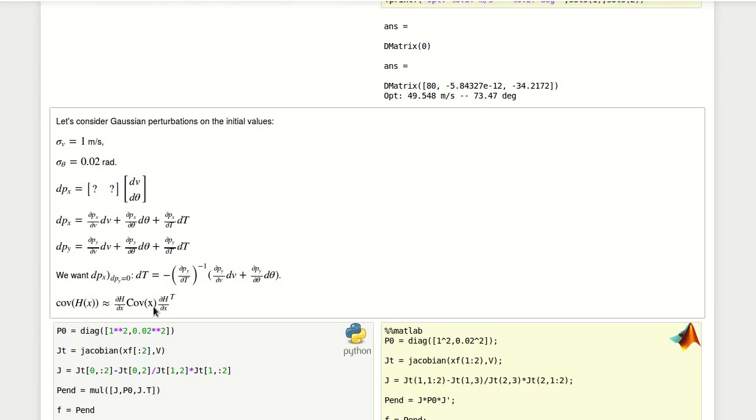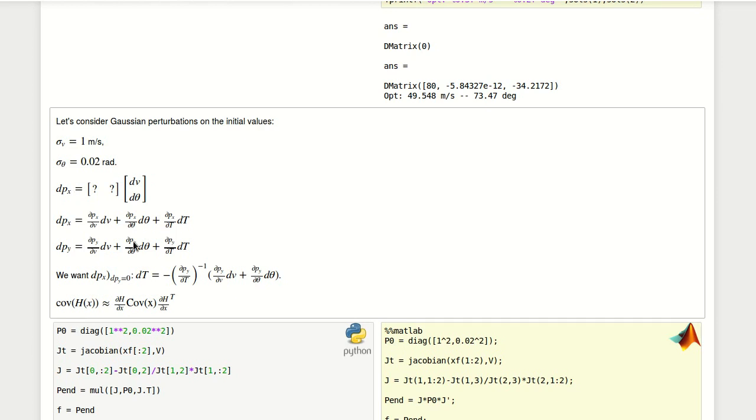So we need the sensitivity of our end state, our x position end state, with respect to the free things that we can choose, the velocity and the angle of shooting. So we're after this relationship. And you need a little bit of calculus on paper to obtain exactly the Jacobian that you want here.